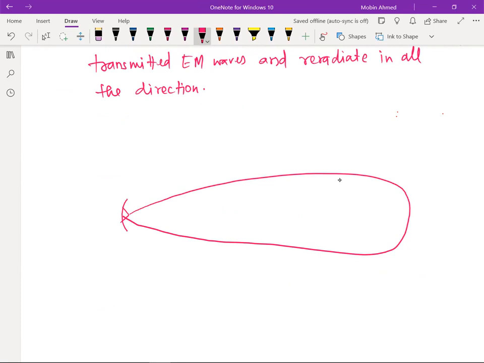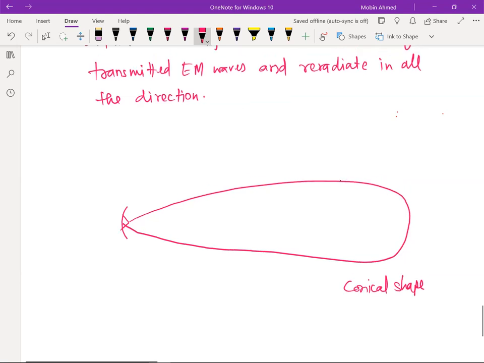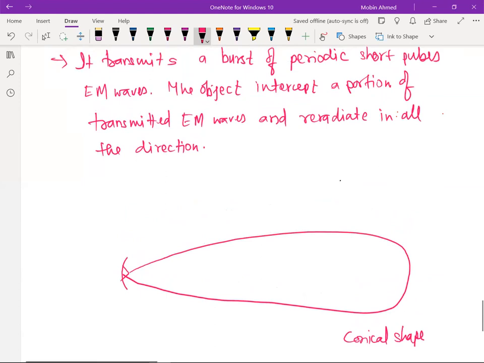So it is a conical shape. We are having the transmitted area, means in this area, the pulse is going to go. Now, if any target is there in this, suppose there is a target here. Now, this is a target.